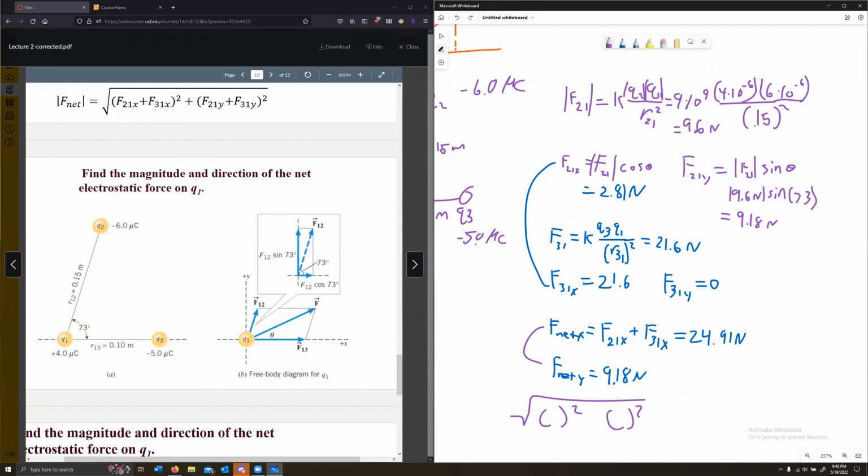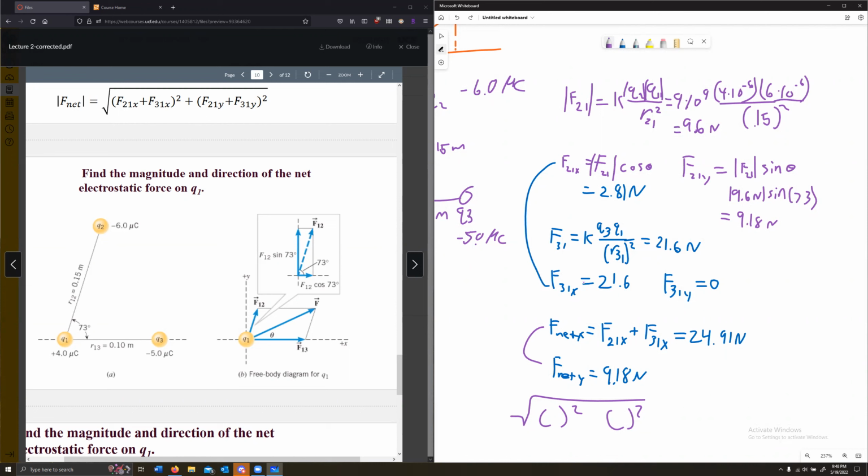Interesting. Let me plug in my calculator again, just to be sure. You multiplied 4 times 10 to the -6 times 6 times 10 to the -6? No, my numbers were 9, 4, and 5 on the top, and 0.1 on the bottom.